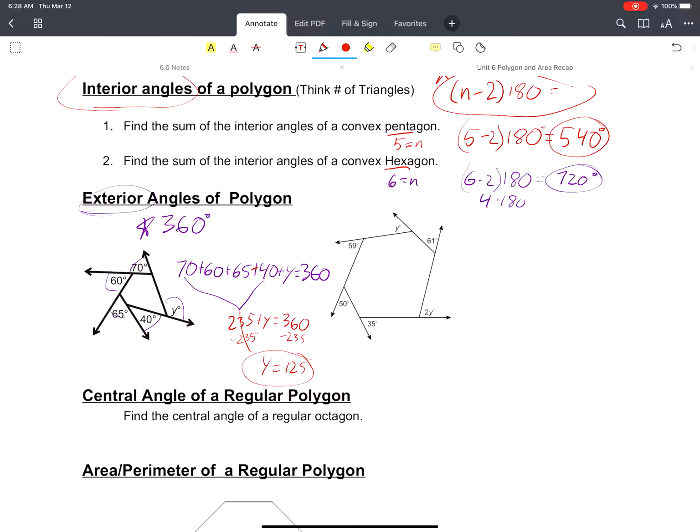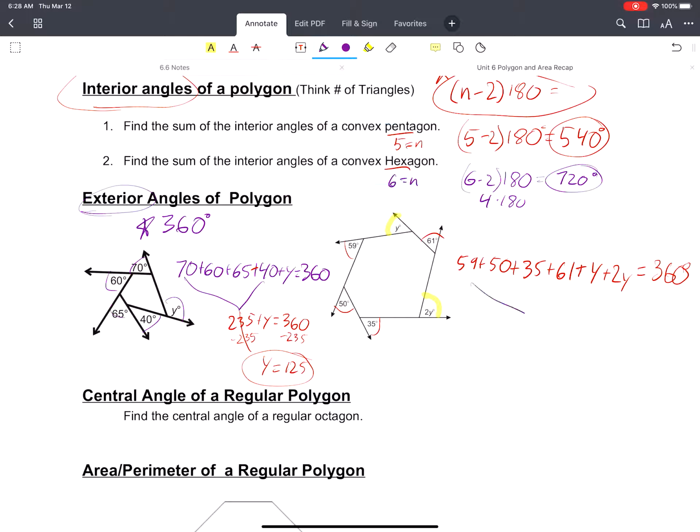Same idea would go for this example as well, except in this case we have 3 y's. We would again add all the things up, but I like to put all of my numbers together, and then put my y's together. So if I do 59 plus 50 plus 35 plus 61, it'll make combining my like terms a little bit easier. Again, I'm adding them all and setting them equal to 360 degrees.